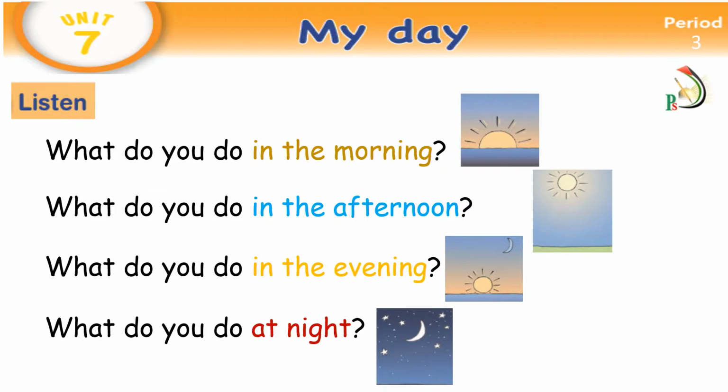Evening, it means the end of the day when the sun goes down, when the sun sets. Night, it means when there is no sun and you can see the stars and the moon in the sky.